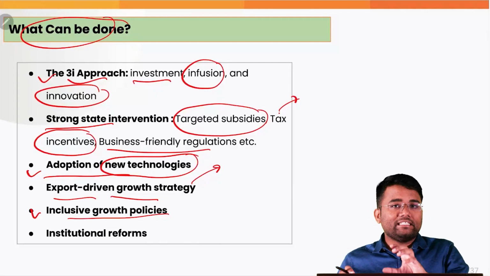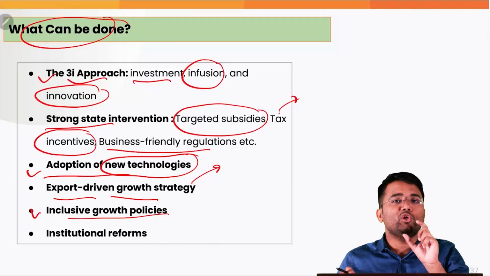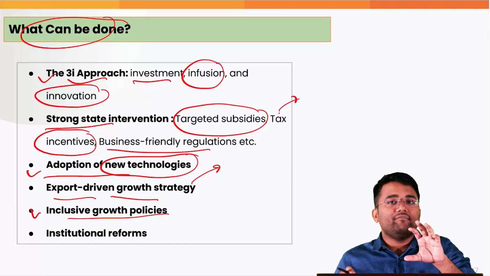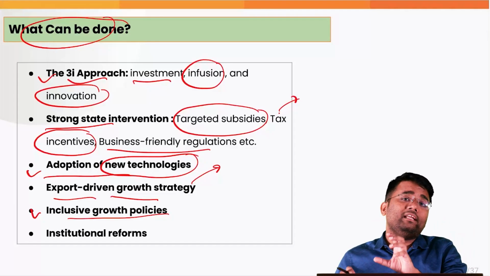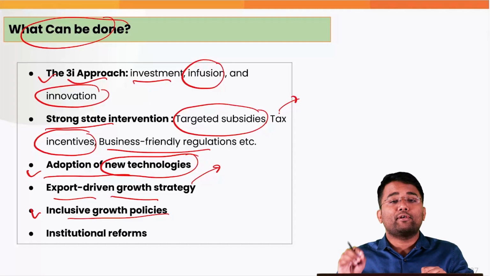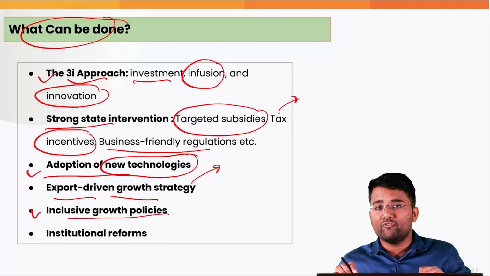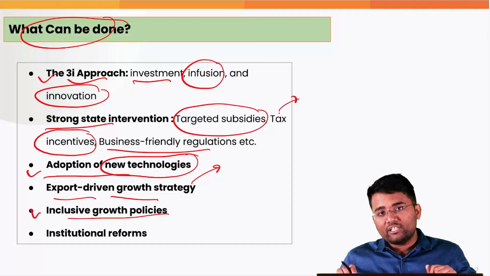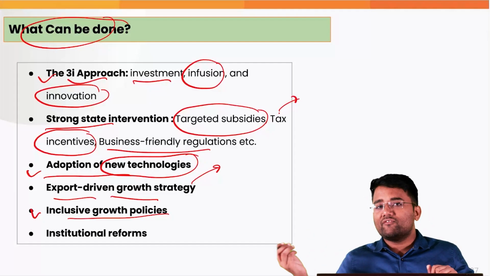Also, we need to follow inclusive growth policies. What is happening at this point of time is that we are following a siloed approach, developing our policies separately. We are not seeing them in an integrated fashion. For example, the raw material provided for the manufacturing sector comes from agriculture. The transportation facility that is provided is part of the tertiary sector.